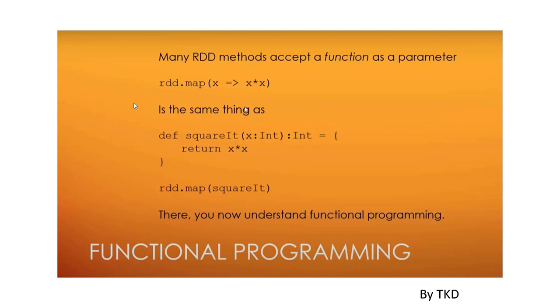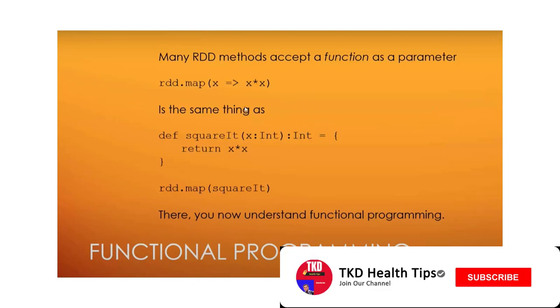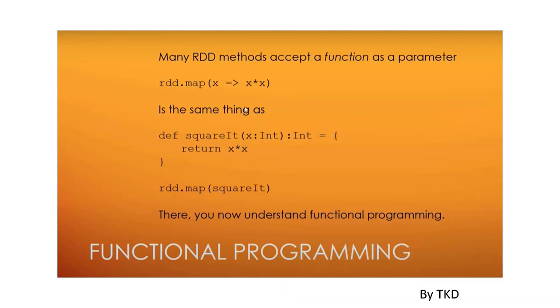We can call rdd.map and pass in the defined function square it. So basically this is one of the very compact ways of handling programming in one line. So it's a compact way of handling very complex programming.